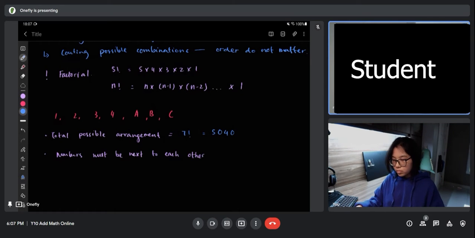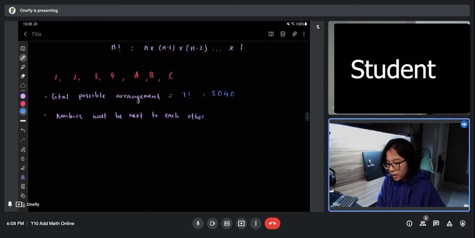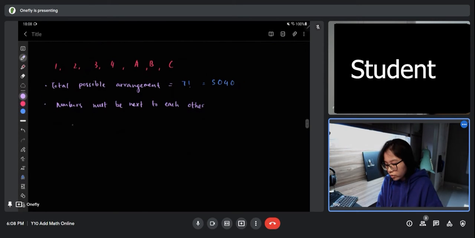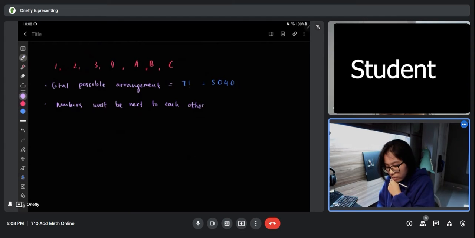No. When you do 7 factorial over 4 factorial, basically you are trying to look for 7 times 6 times 5, because the rest you divide by 4 factorial already. But then how are we going to group the numbers together?